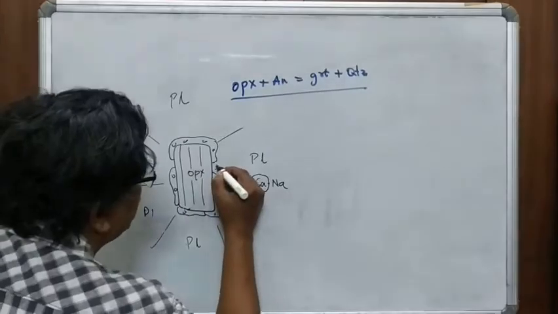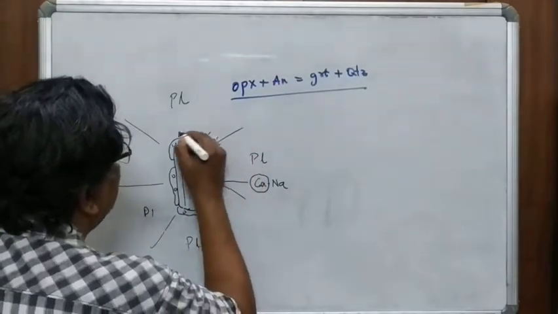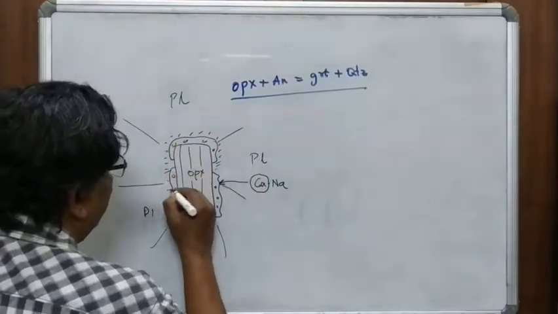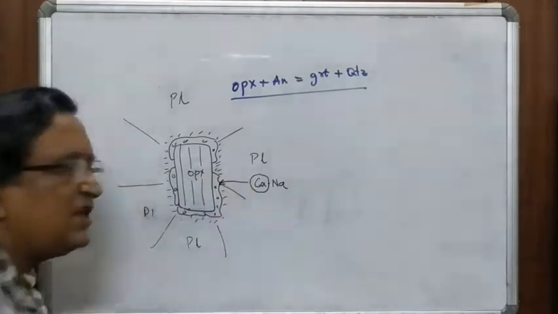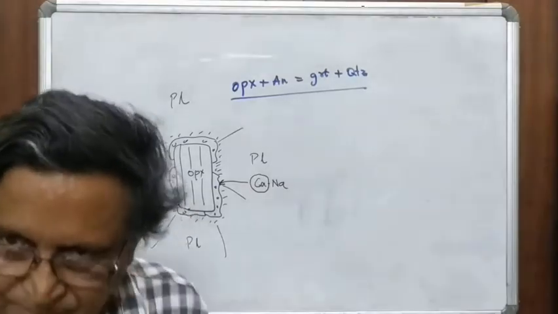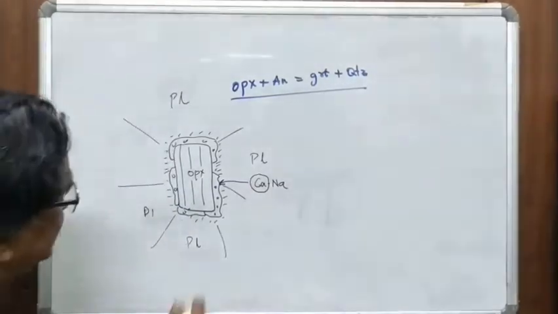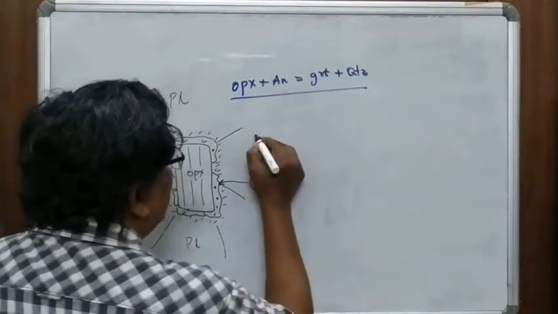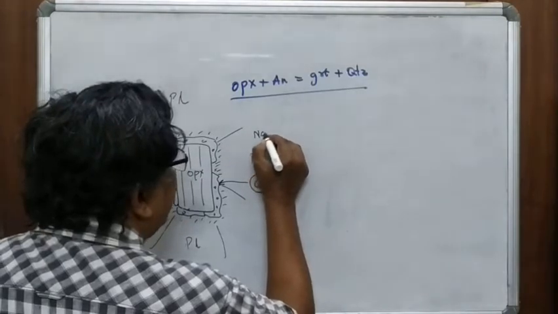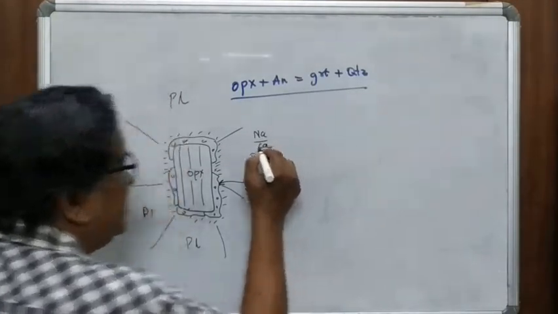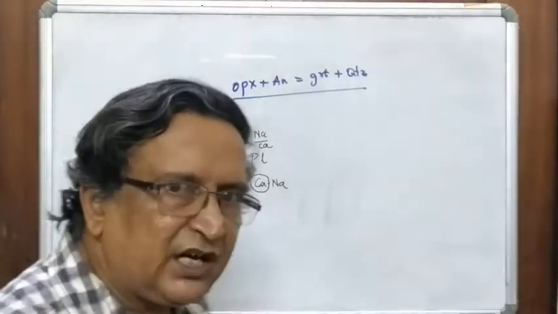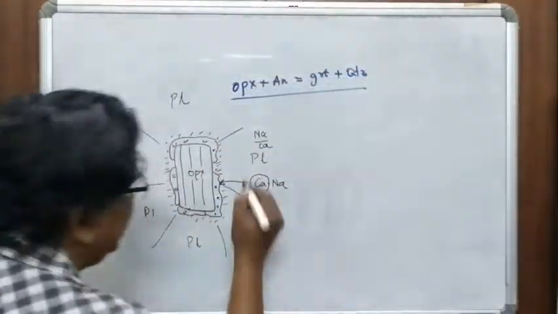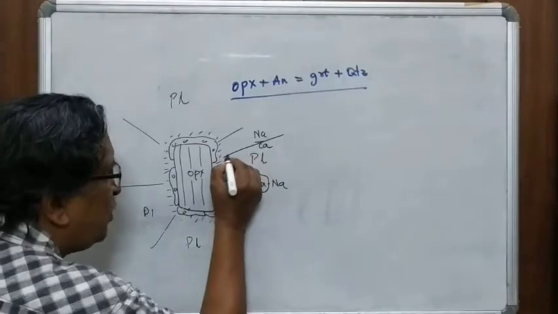That means the plagioclase near the garnet boundary is now becoming more albitic. So in these plagioclases, the Na by Ca ratio, that means albite by anorthite, or the albite content of plagioclase, increases towards the garnet.